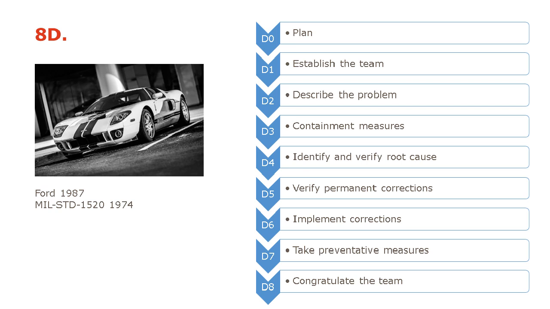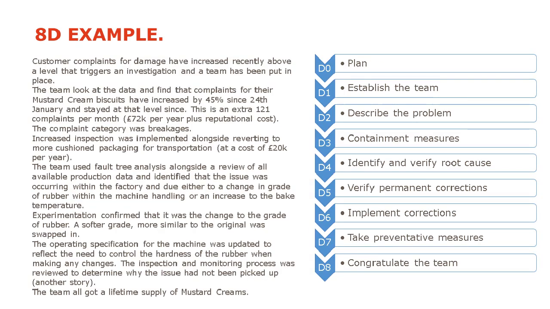So let me show you an example of that. This is a fictionalized example, if you like. It's based on real events, but they've been fictionalized a little bit here. So this is what a typical 8D might look like. I appreciate there's a lot of words on this slide, so let me pick out some key points. So we've got a customer complaint for damage, which has increased recently.